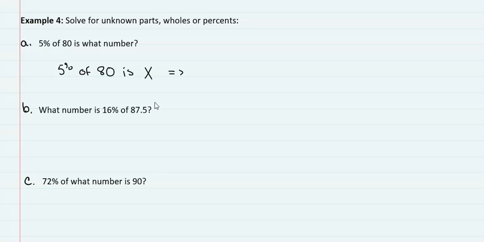Okay, so we're going to say 0.05 times 80 equals x. We don't even have to rearrange this one. You're just going to take 0.05 times 80, and you're going to find that 4 equals x.